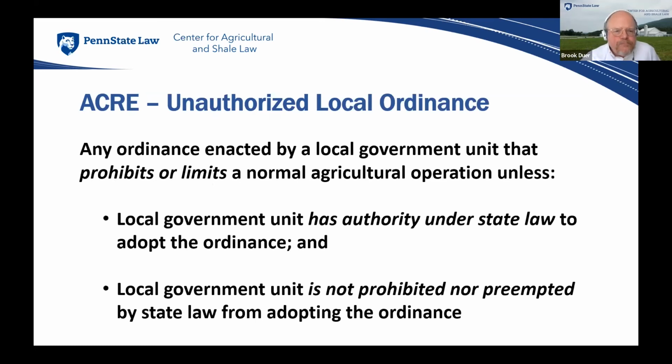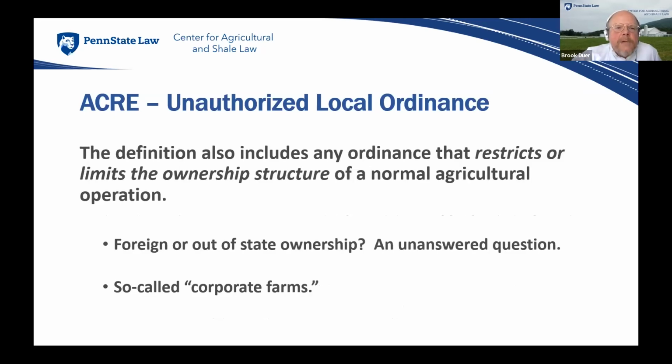Okay, now, here's the basic concept: any ordinance enacted by a local government unit that prohibits or limits a normal ag operation, unless the government unit has authority under state law to adopt the ordinance, and it's not prohibited nor preempted by state law from adopting the ordinance. A little complicated, but all those things need to be said in order to set up the proper analysis.